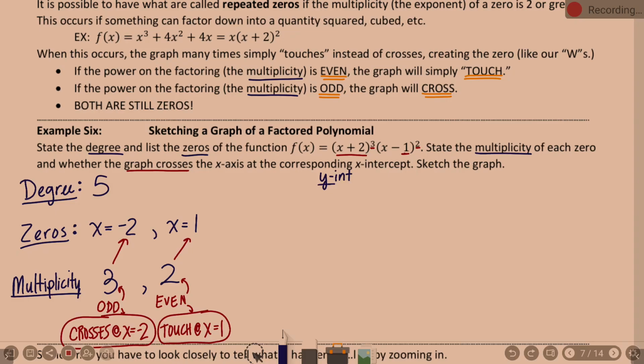And this is just to help with sketching the graph. How do I find my y-intercept? Y-intercepts happen when x is 0. So how am I going to find a y-intercept? I'm going to put 0 in for x.